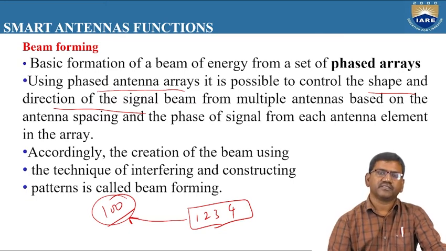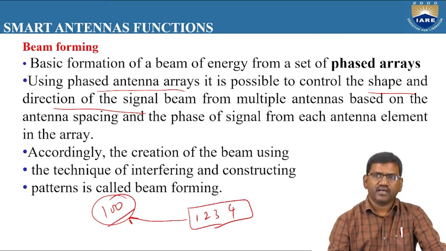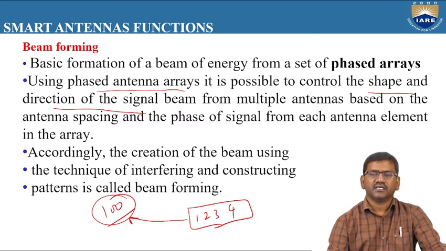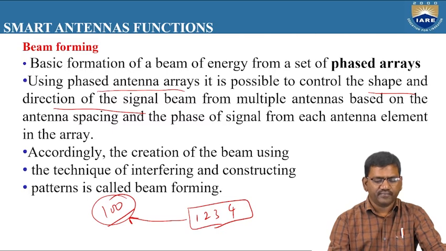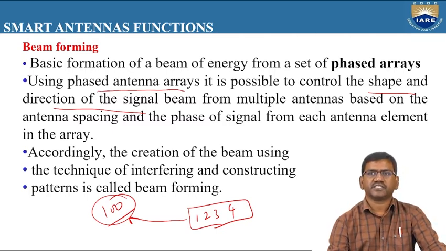So an array is fixed. An array is a fixed system, and the elements are also fixed in the antenna array system, where we cannot change the length of the antennas. That means the 1, 2, 3, 4 elements of the array dimensions cannot be modified. And at the same time, the spacing between the antennas is also fixed.